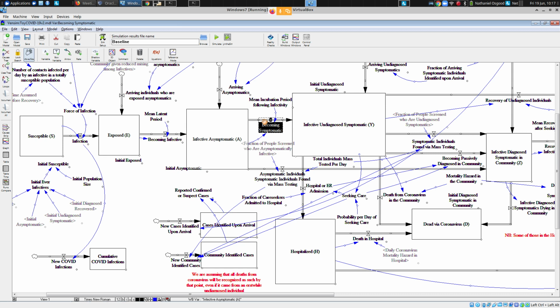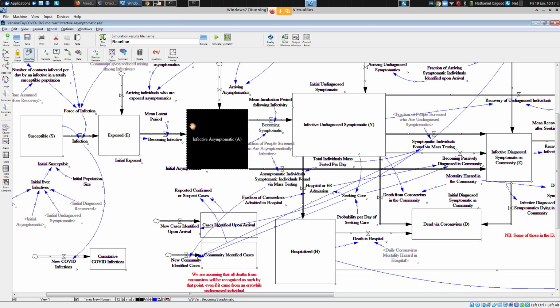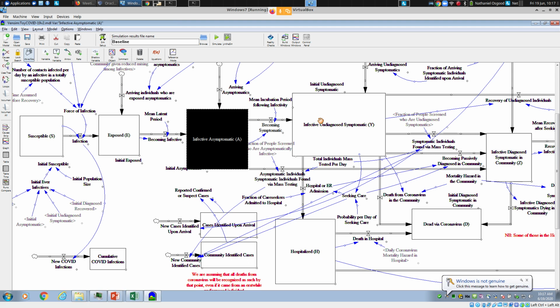And this is why we call it a dynamic model, because it's characterizing, given a certain understanding, a certain posited structure of a system, a certain theory captured in this model about how things work, what the natural history of infection is, we can ask, what's the consequence of that over time? What sort of behavior will that lead to over time?